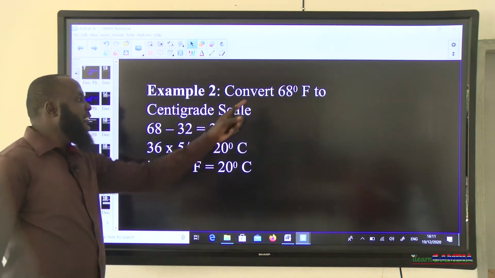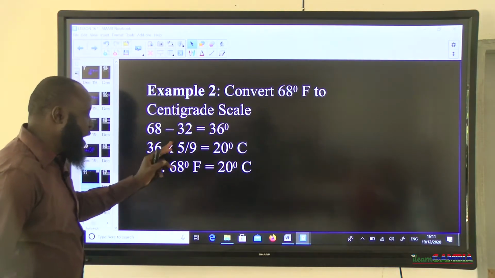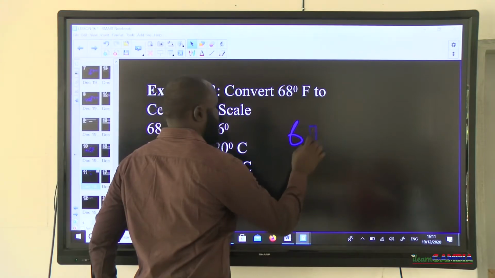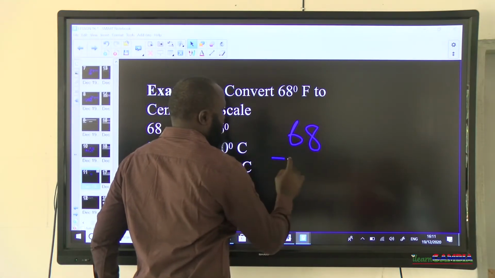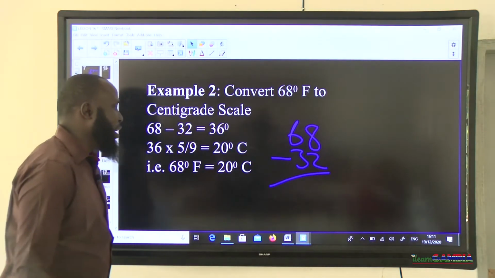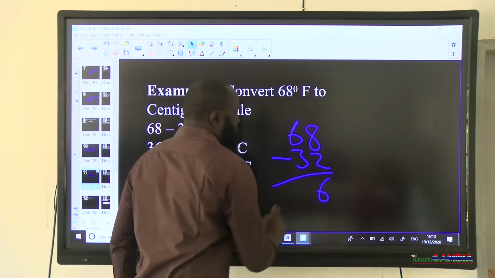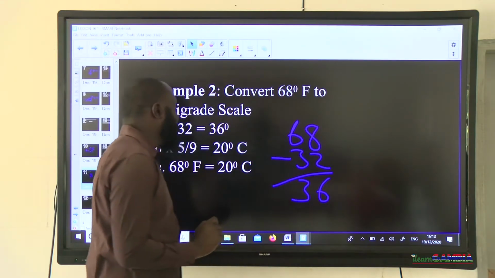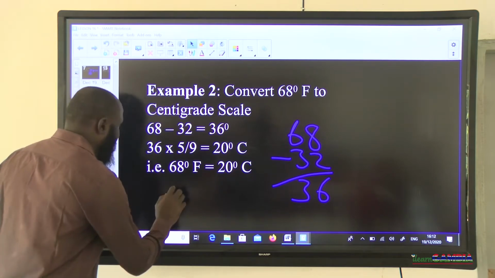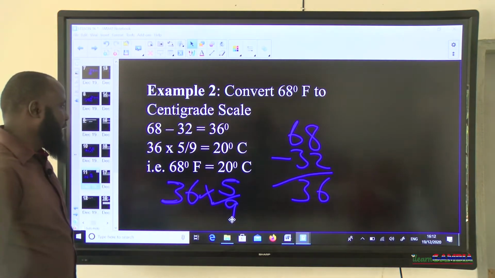Example 2. Convert 68 degrees Fahrenheit to centigrade scale. Still the same thing. It is going to be 68 minus 32. Are you there? 2 from 8, 6. 3 from 6, 3. So we have 36. So we're going to multiply this 36 by 5/9. This is 36 times 5/9. Is that clear? Good.